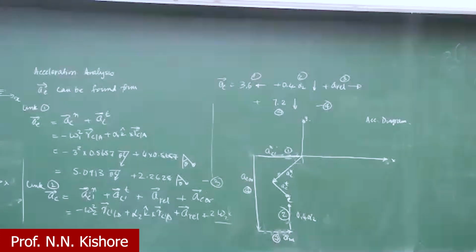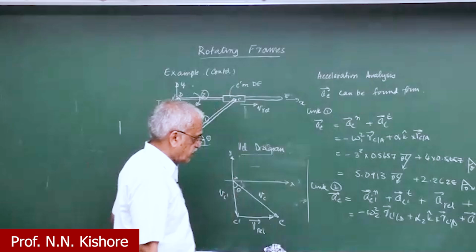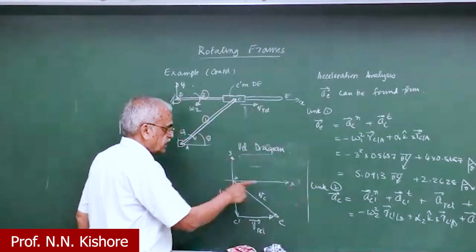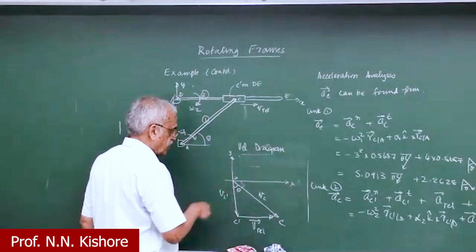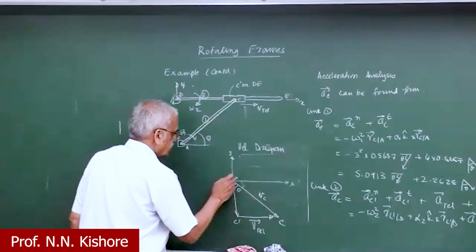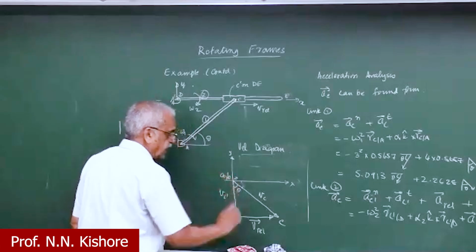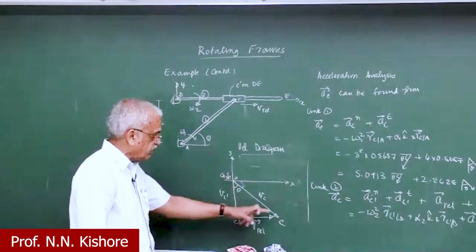And also, in the last class I was even telling that the geometric image and velocity image are similar. So for example, if you want to find out what is the velocity of E, can you find out?